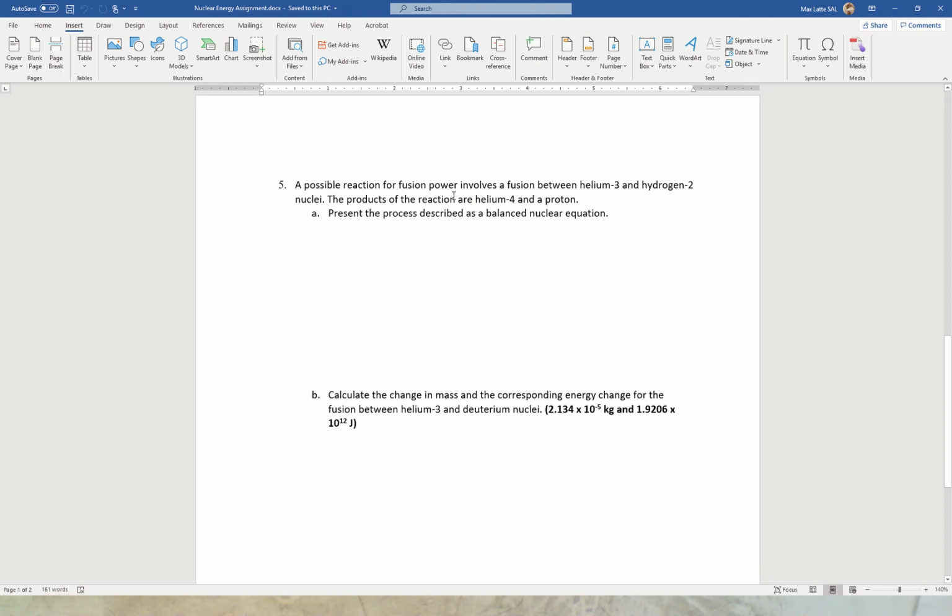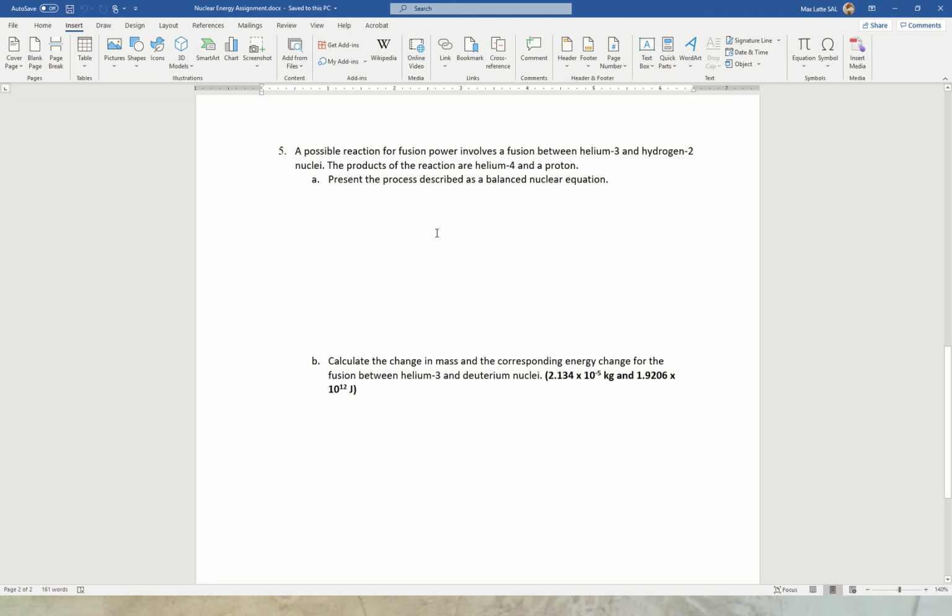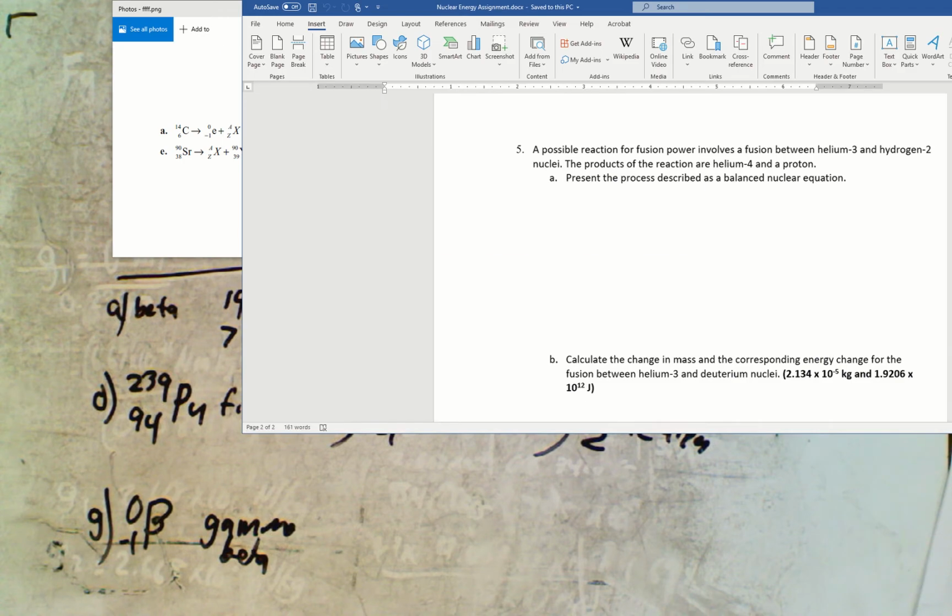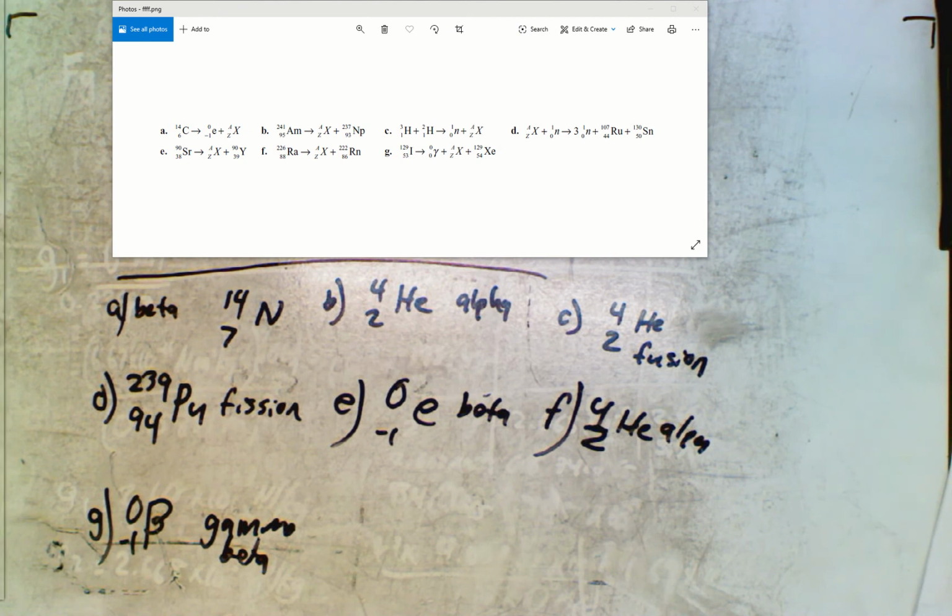Possible reaction for fusion power involves the fusion between helium-3 and hydrogen-2. The products of this reaction are helium-4 and a proton. Present the described process as a balanced nuclear equation. Okay, so I'll write that over here.